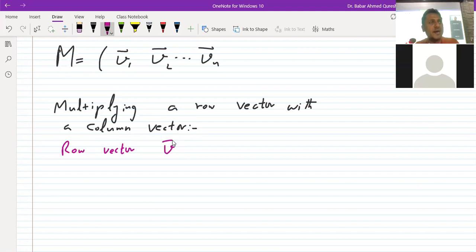If it has a spike, that's a column vector. If it doesn't have a spike, it's a row vector. The book makes it an arrow, but I'm just using this. So take this. I'm just writing a very general one because I'm writing a definition. And you have a column vector.